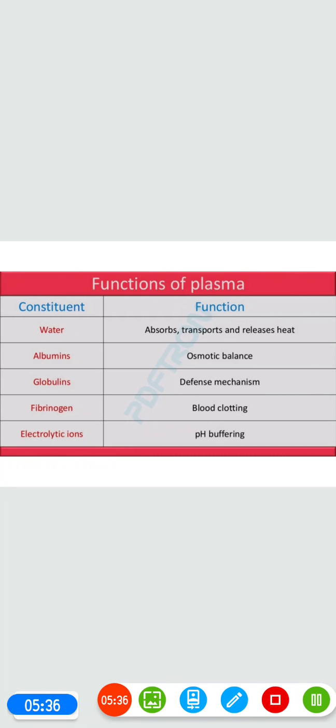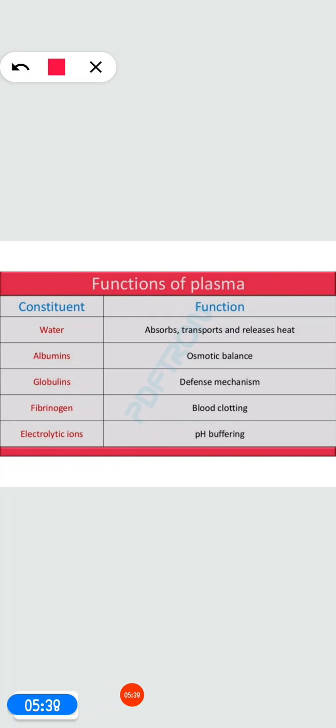The function of water is to absorb, transport, and release heat, albumins help in osmotic balance, globulins help in defense mechanism, fibrinogen helps in blood clotting, and electrolyte ions maintain pH buffering.